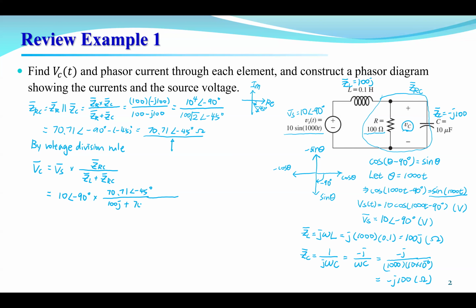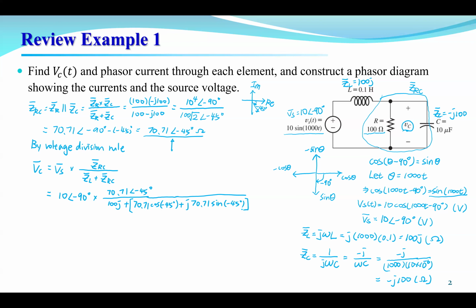So it's 70.71 cosine of minus 45 degrees plus j times 70.71 sine of minus 45 degrees. Okay, so this is our ZRC.